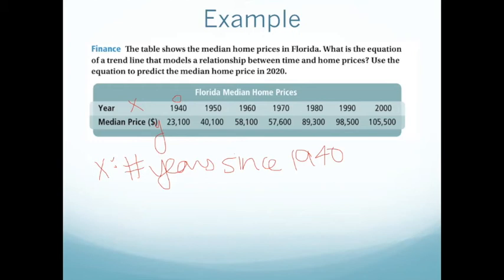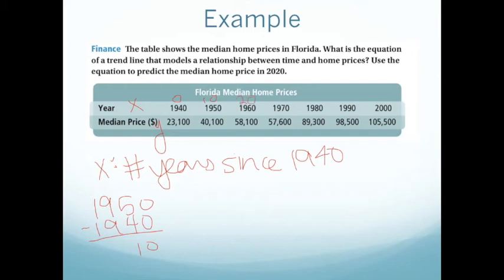How do we know how many years it's been since 1940 in 1950? Well, in 1950, to find out how long it's been since 1940, I would subtract 1940, and that would give me 10. If I was born in 1940, I would be 10 years older in 1950. Then how old would I be in 1960?